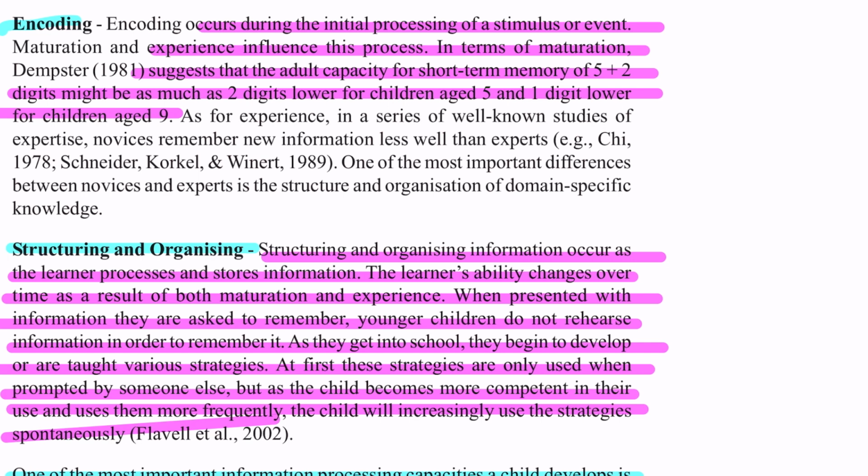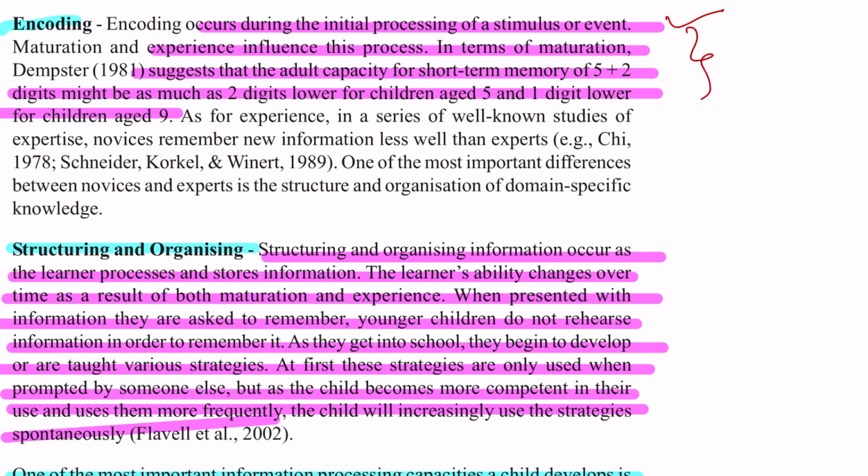So now we have already discussed this. So encoding, we'll talk about it. Encoding is converting the information in a way so that you can store it in your brain.